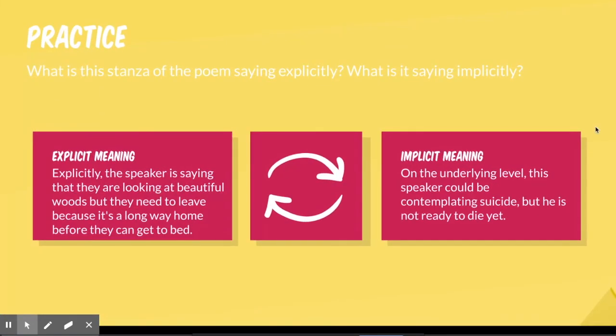So literally, the speaker is saying that they're looking at beautiful woods, but they need to leave because it's a long way home before they can get to bed. But I don't think that that is exactly what he's trying to imply here. This poem has so much implicit and underlying meaning to it. On the underlying level, the speaker could even be contemplating suicide, but he's not ready to die yet, because he still has more to do in his life.